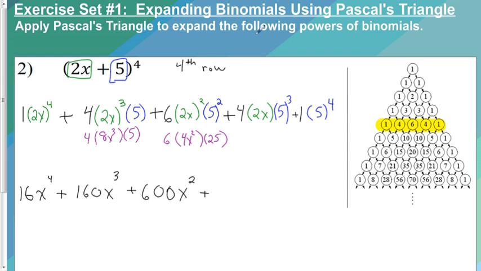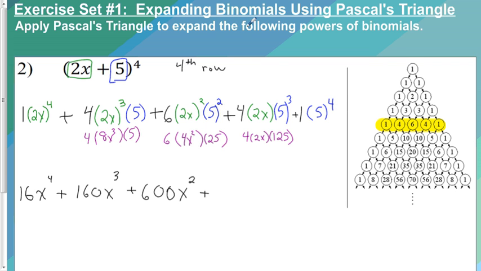And I go through and finish again over here. I have 4 times 2x, and then 5 cubed is 125. And so I have to take 4 times 2 times 125. Well, I know 125 times 4 is 500, times 2 is going to be 1,000.